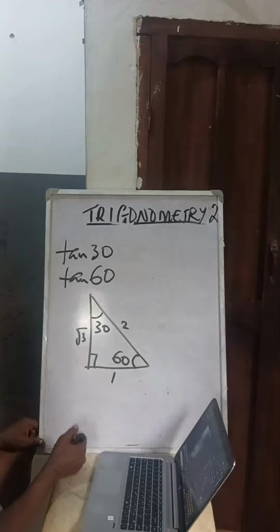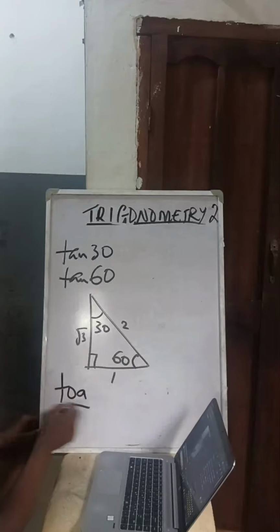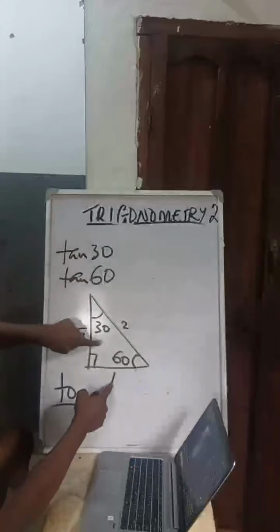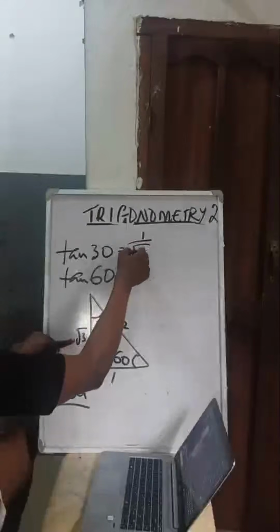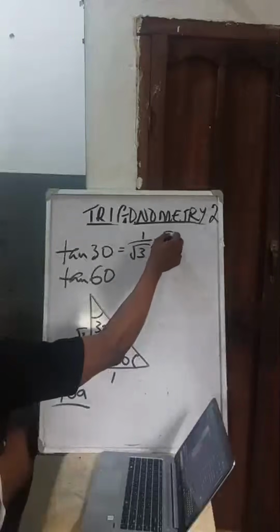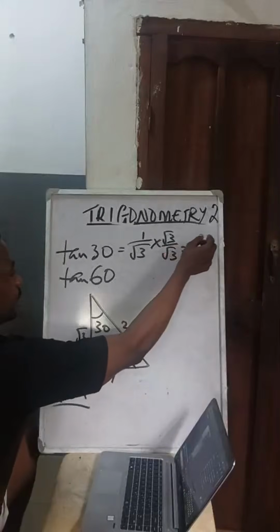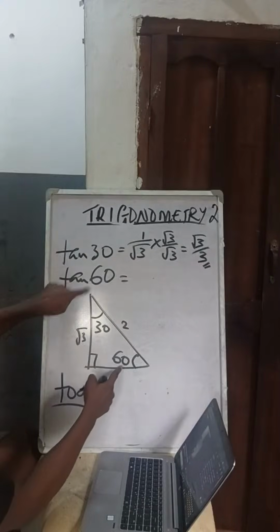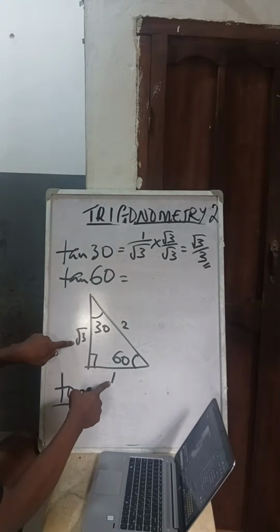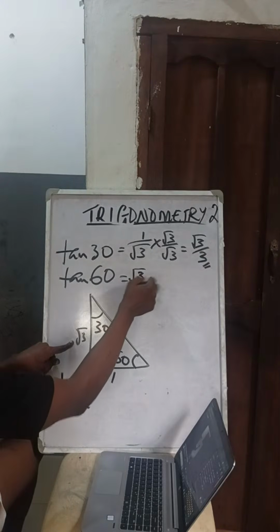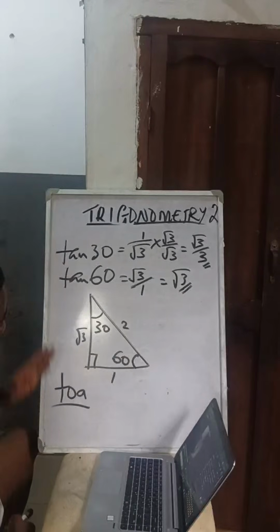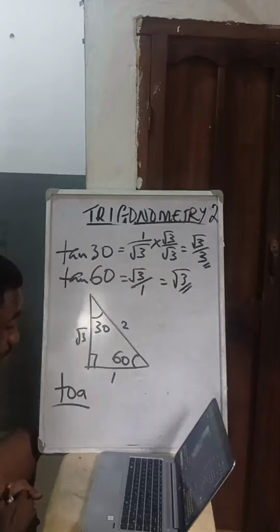So, opposite over adjacent. If we are considering 30, opposite over adjacent is 1 over root 3, which you rationalize to give you root 3 all over 3. Okay, so for 60, opposite over adjacent is root 3 all over 1, which is root 3. Simple and short. So if you want to get tan 30, tan 60, you do this and you get the answer correctly. Okay.